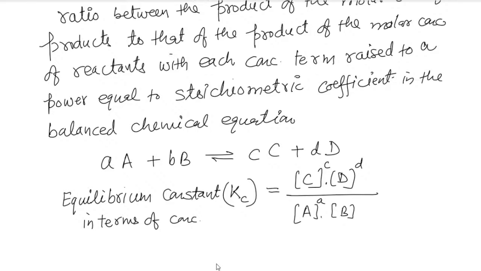This is also called the law of equilibrium, or it is also known as the ratio of the rate constants of the forward reaction and backward reaction.